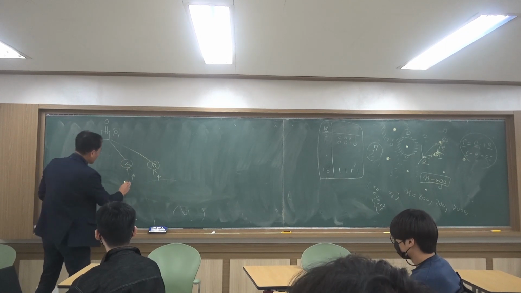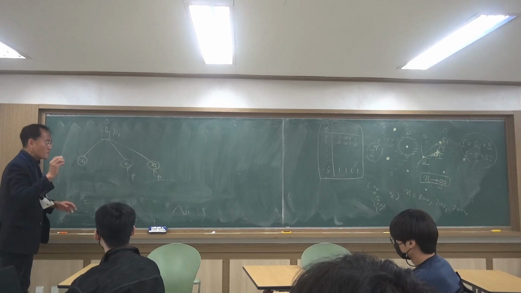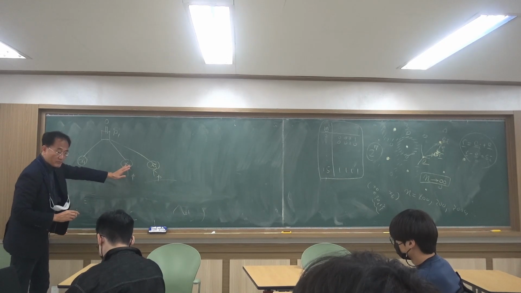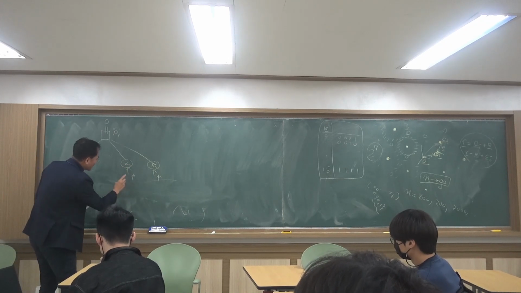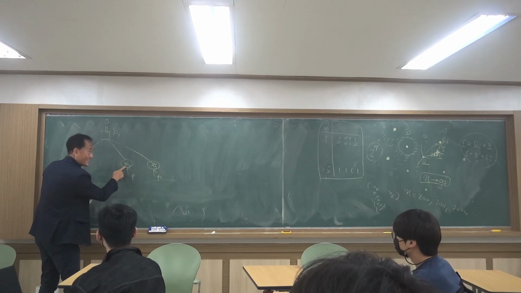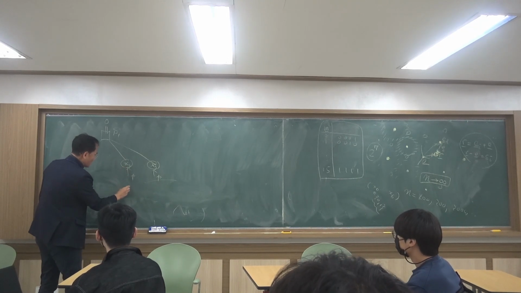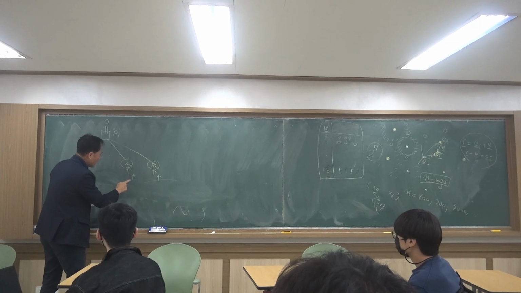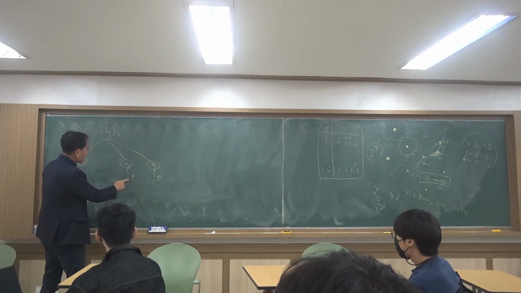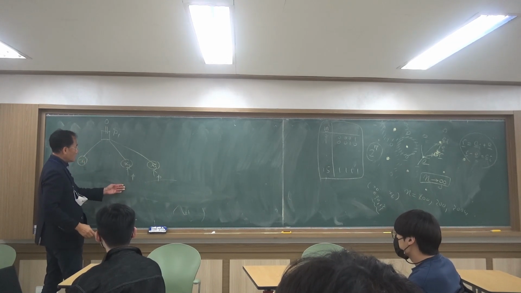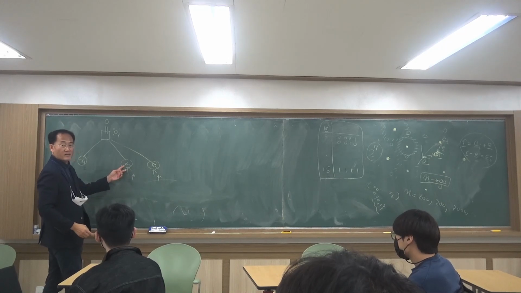Okay? So here, let me ask you, right? So this is a simple graph. What is the probability that this guy is in error? Which is given as P, right? So with the probability of P from the channel, this node is in error.